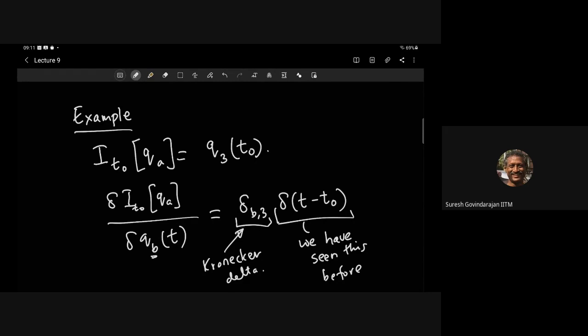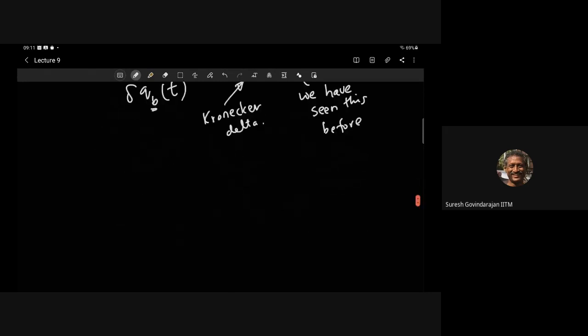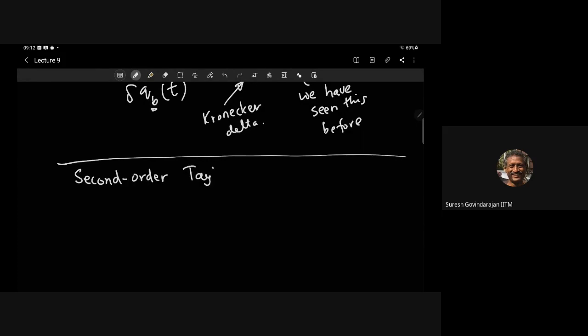Any other questions? Okay. So I want to do one more extension, the second order. Let's do it again for a function of one variable. Generalization to higher variables is easy.